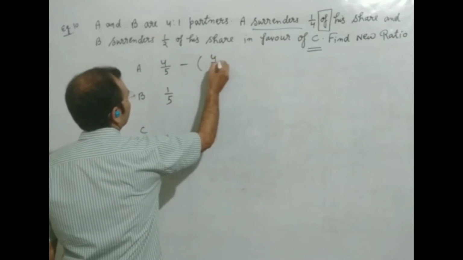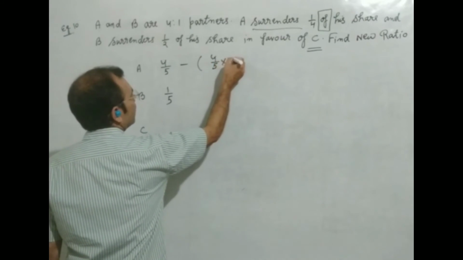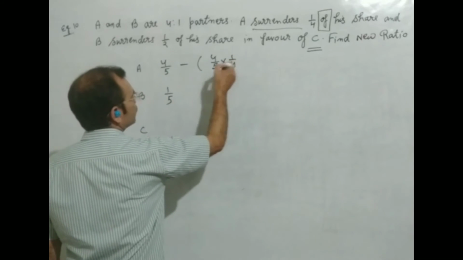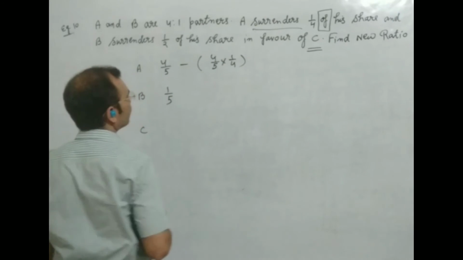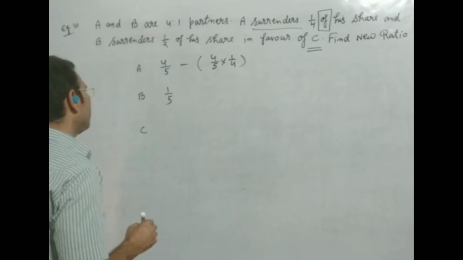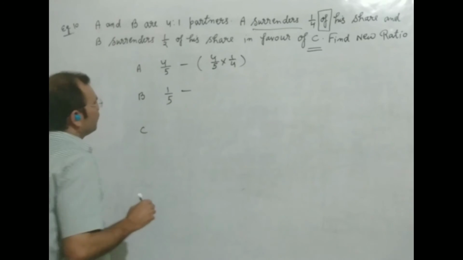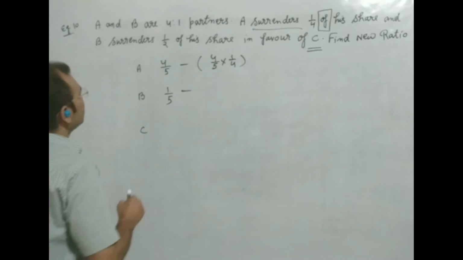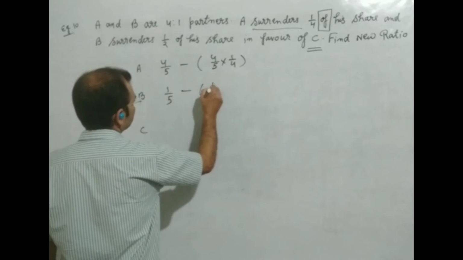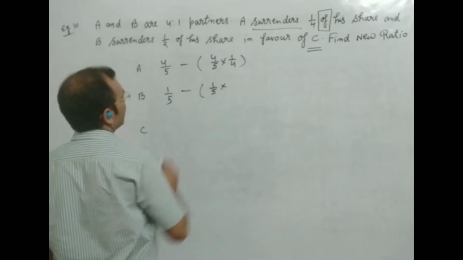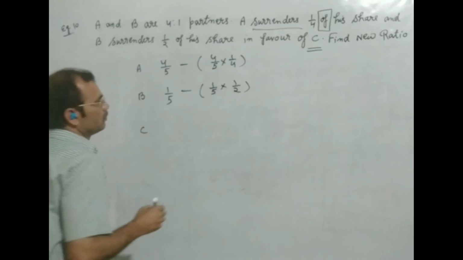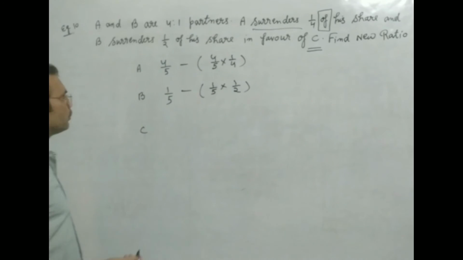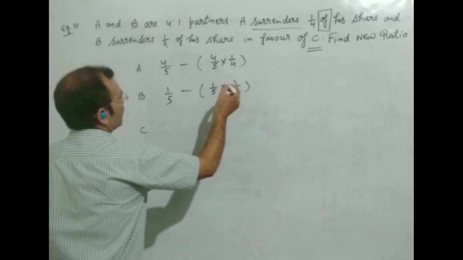What was his share? 4/5, and we will find the 1/4 share of 4/5. In the same way, B is sacrificing his share. What was his share? 1/5, and he is sacrificing 1/2. Now we will solve this question. Let's see.